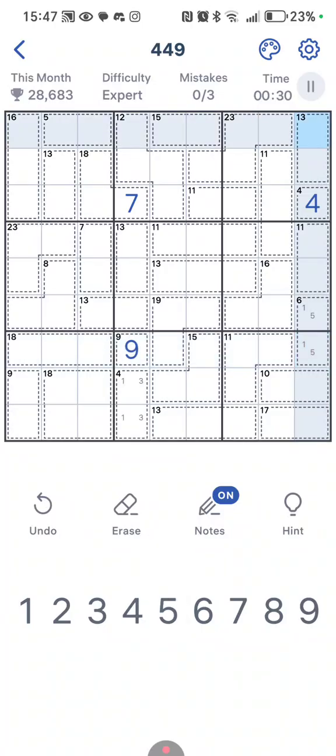That's 4 and 5. This has to be 6 and 7. 11. Can't be 4, 5, 6, 7. That'd be 2, 3, 8, 9. 8 and 9 is here.